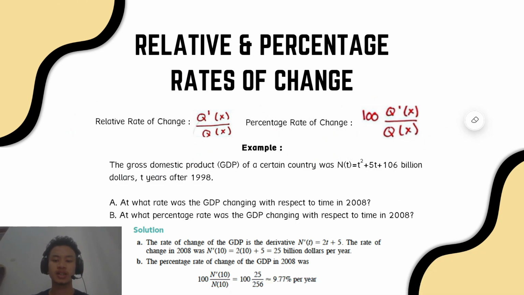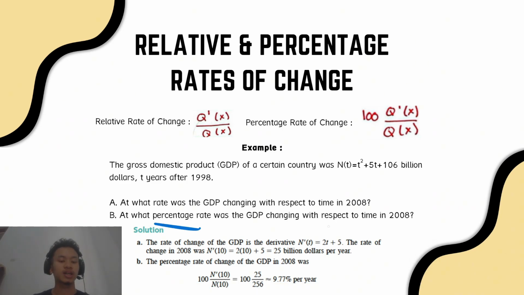The GDP of a certain country was N(t) equals t squared plus 5t plus 106 billion dollars, where t is years after 1998. The first question is, at what rate was the GDP changing with respect to time in 2008? The second is, at what percentage rate was the GDP changing with respect to time in 2008?